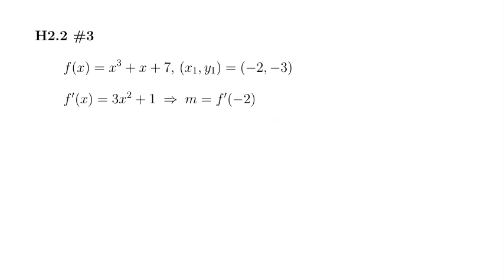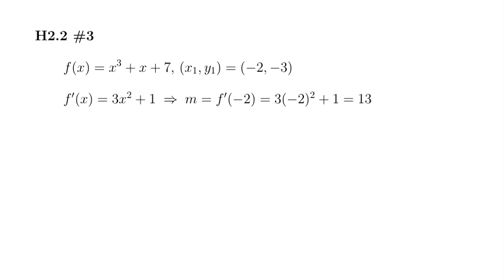Plugging it in, we have 3 times x squared, where x is -2, so we square that, then plus 1. -2 times -2 is +4, times 3 is 12, plus 1 gives 13. So the slope of the tangent line is 13.